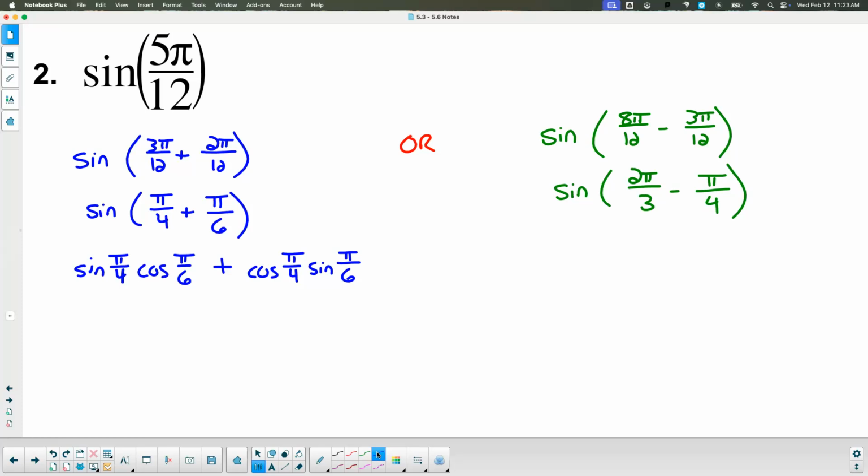Sine at pi over 4 is square root 2 over 2. Cosine at pi over 6 is square root 3 over 2. Cosine at pi over 4 is square root 2 over 2. Sine at pi over 6 is 1/2.